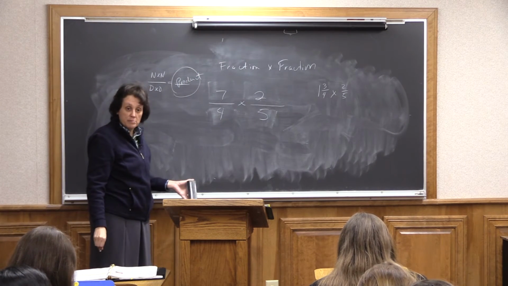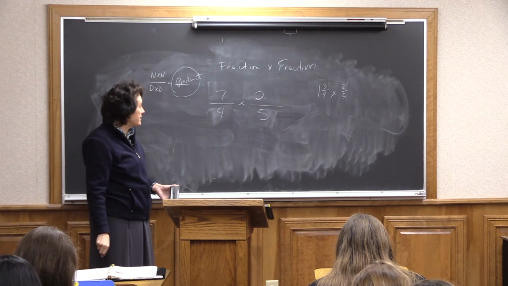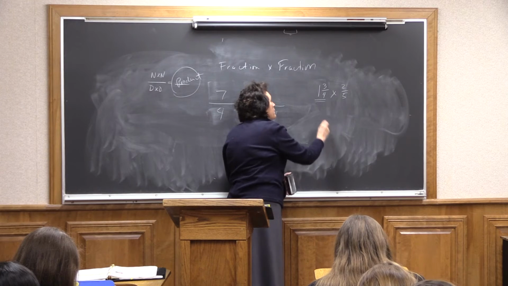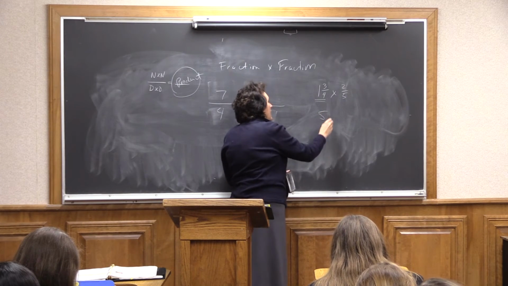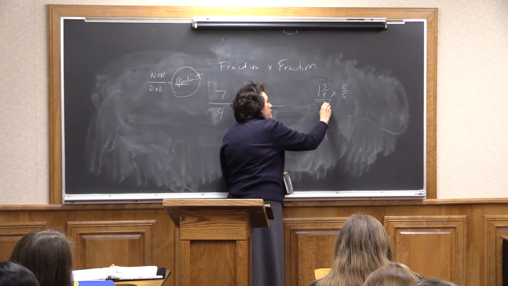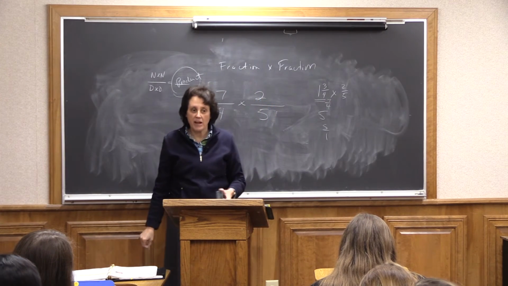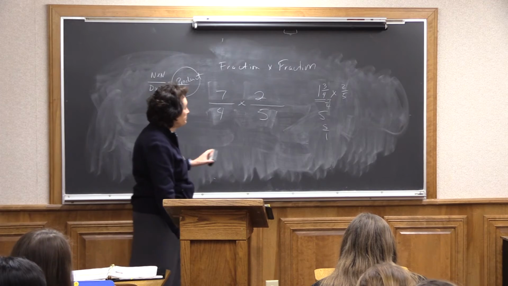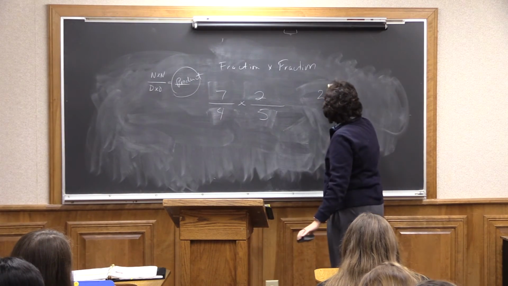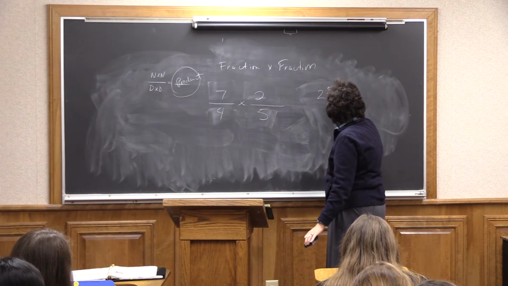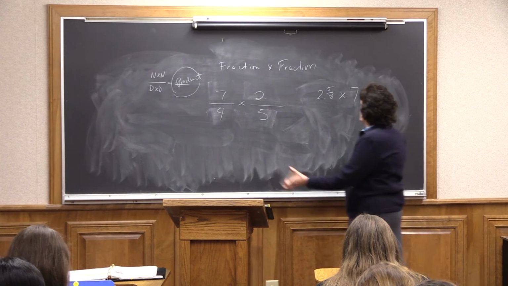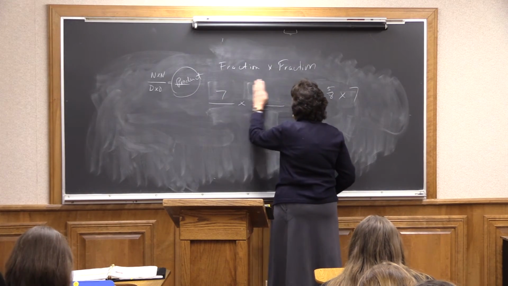So before I multiply, I convert into the form of fraction times fraction. Whether it's a mixed number or a whole number, it has to be rewritten as an improper fraction. So improper fraction times improper fraction. Okay, so if I have a whole number times a mixed number, it does not matter.